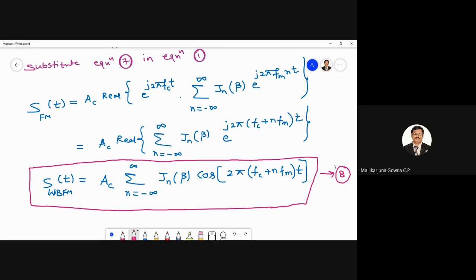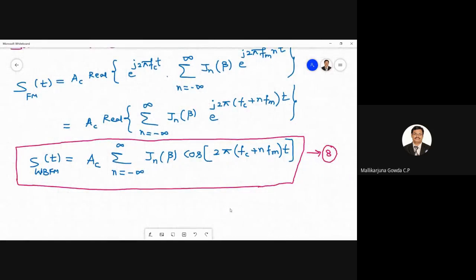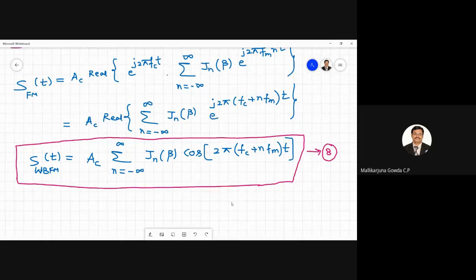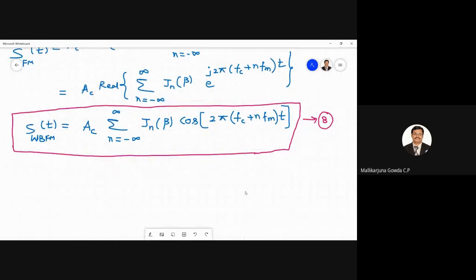I hope you are aware of the properties of the Bessel function. If you don't know what the Bessel function is, now you will be able to know its properties. So I will come back to that.